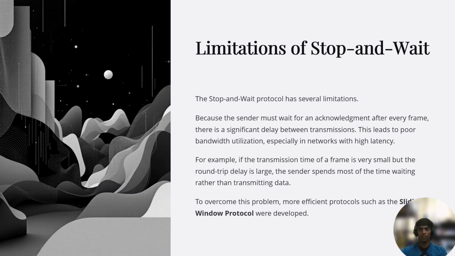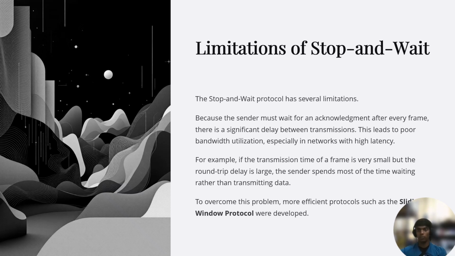Now let us see some of the limitations of stop and wait. The stop and wait protocol suffers from several limitations. The biggest issue is low efficiency. Since the sender must wait for an acknowledgement after every frame, a lot of time is wasted waiting rather than transmitting data.